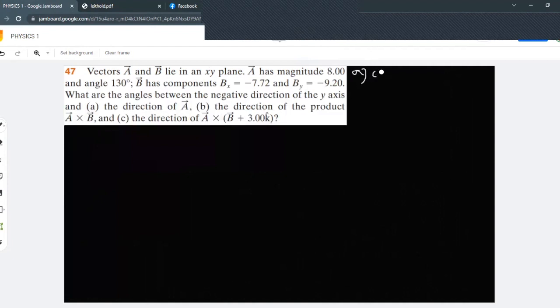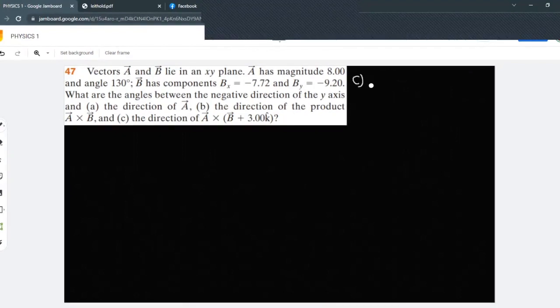So vectors A and B lie in the xy plane. A has a magnitude 8 and angle 130. Ganito, yung gusto nating makuha kasi dito yung skill in handling dot and cross product. So, let's do it this way. So ano yung components?